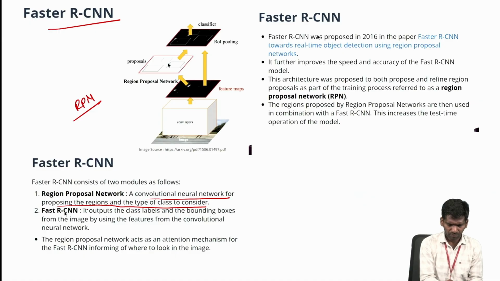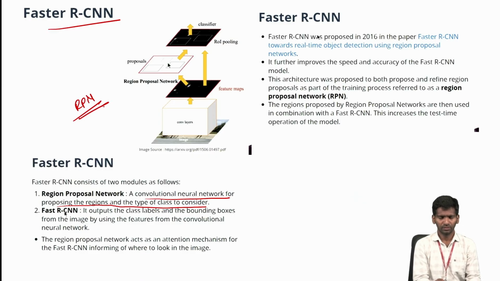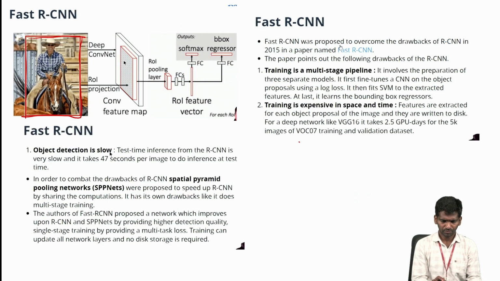So which class to consider and all, this RPN decides. So that is the difference between Fast R-CNN and Faster R-CNN. The RPN concept is added in between the layers.